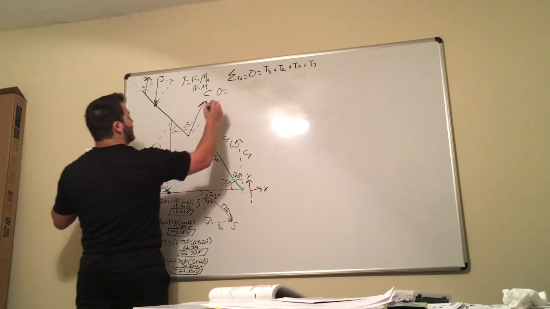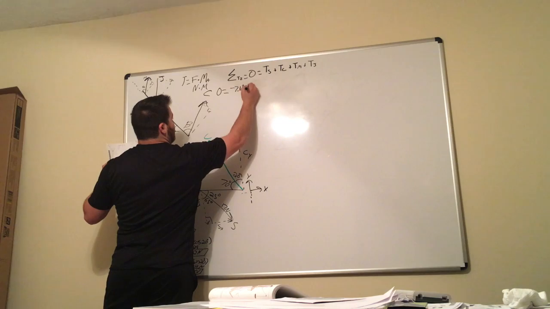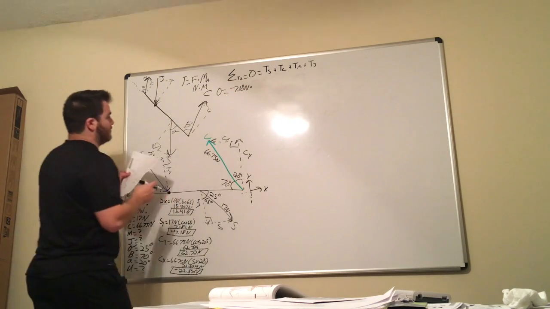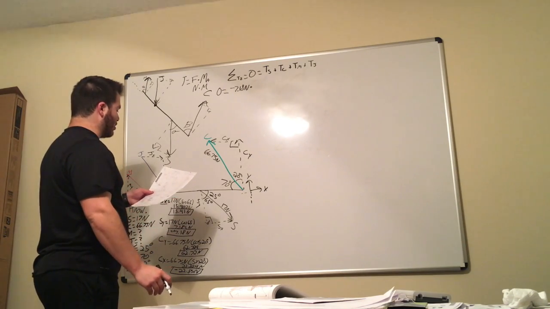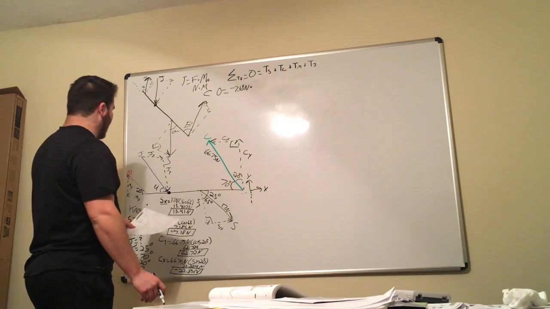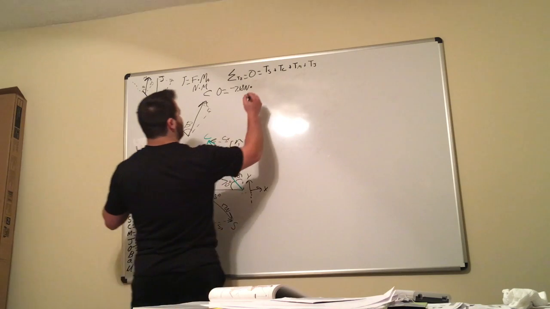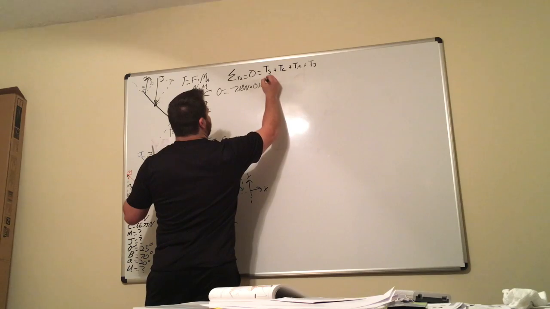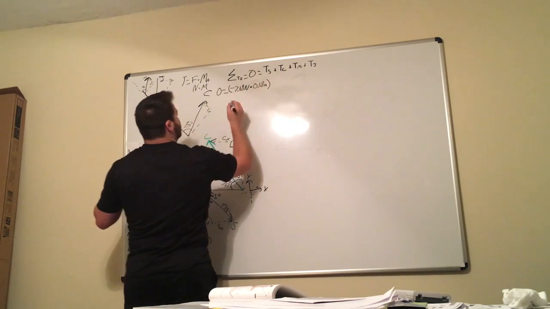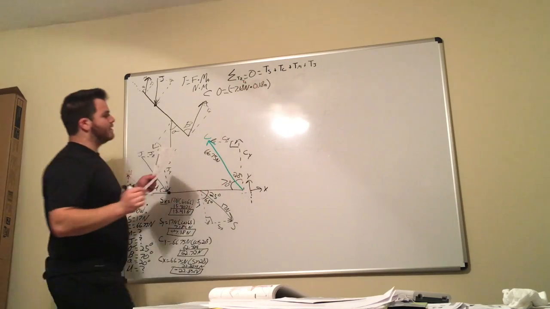So we're going to write negative 7.18 newtons, and that's going to be times your external moment arm at S of Y, and that's given to be 0.18 meters. So I'll write 0.18 meters. So this whole thing right here is our torque of S.